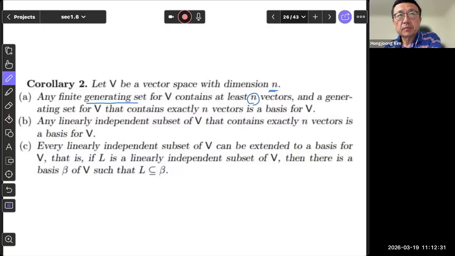At least n vectors. So if you have less than n vectors, that set cannot generate the whole space. That's the first part. And the second part is that among those generating sets, a basis has the smallest number of vectors. Actually, it has exactly n.